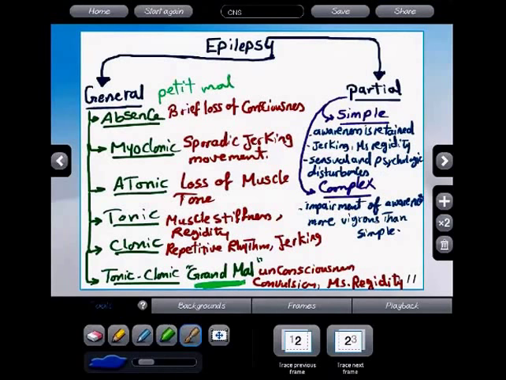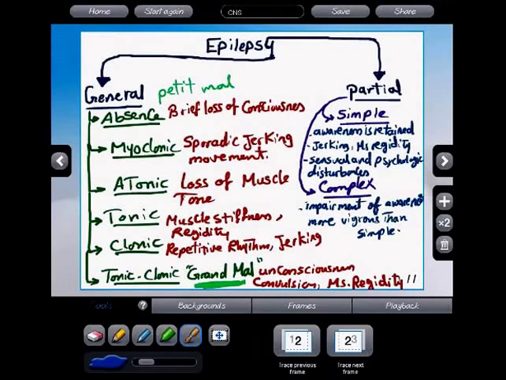Which means that the person with simple partial seizures or simple partial epilepsy will suffer from jerks or muscle rigidity, but he is still aware, and he has some psychological and sensory disturbance. But in the complex partial seizures, the person will have impairment of awareness. The person will be unconscious, unaware, and this is leading to this problem.